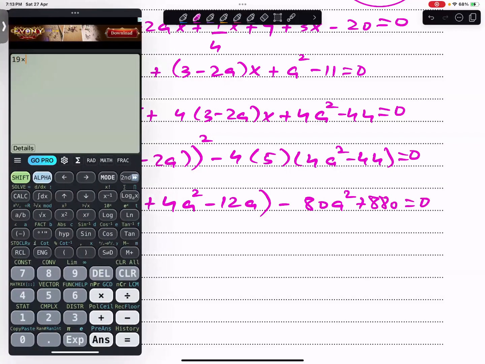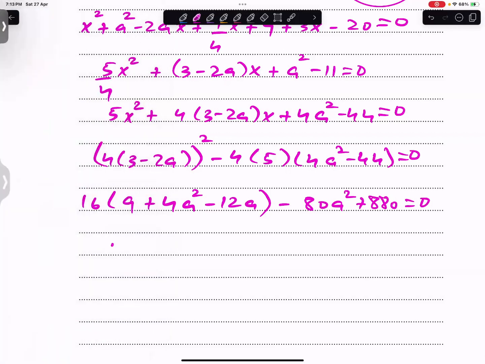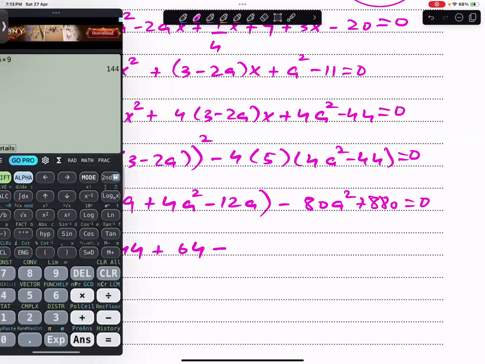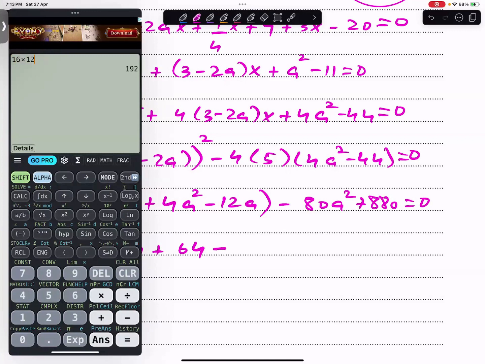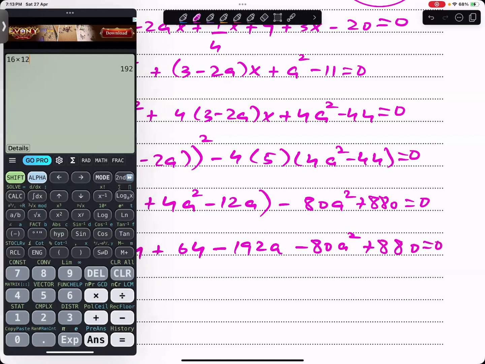So 16 times 9 will be 144, plus that will be 64 minus 16 times 12, 192a minus 80a square plus 880 equal to 0.